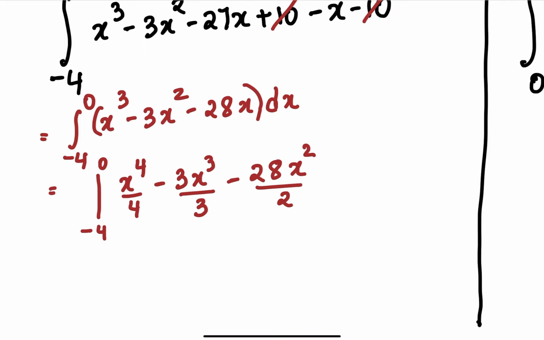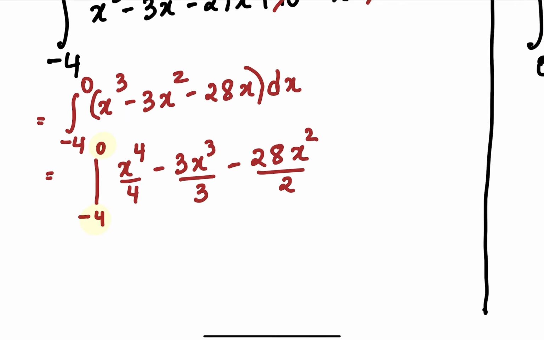Again, now once I'm done with my integral, your next part is to plug in your lower limit and your upper limit, right? F of b minus f of a. And if I look closely here, my f of b is 0. So when I plug in 0, everything becomes 0.